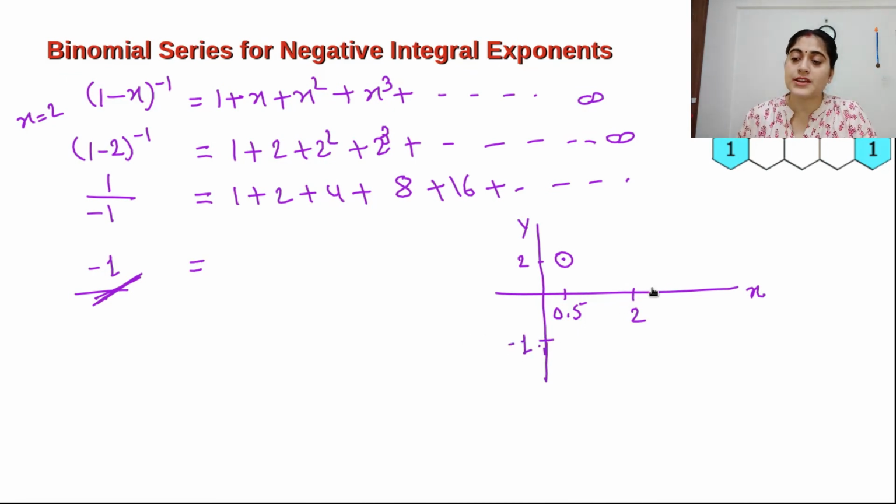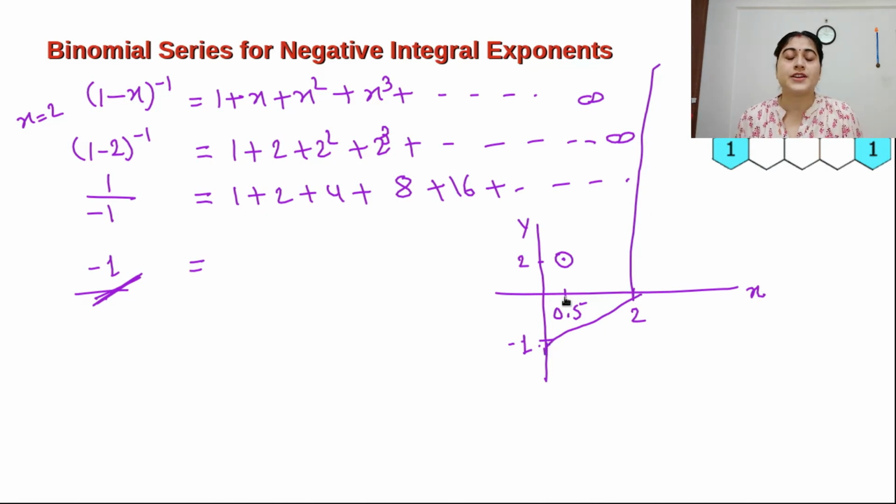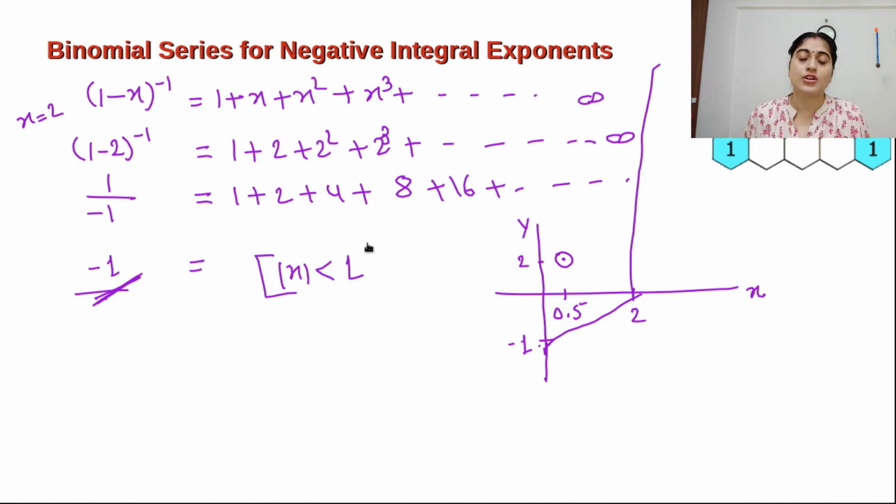But what is happening is it goes the other way, and it is completely diverging. It is not closing to this result. It will not give you any result. So that is why x should be less than 1. Only then can this type of series be expanded.